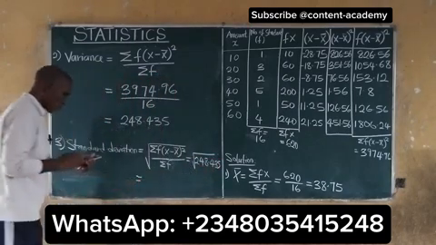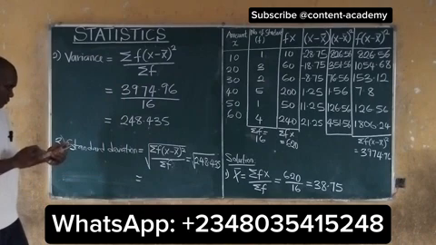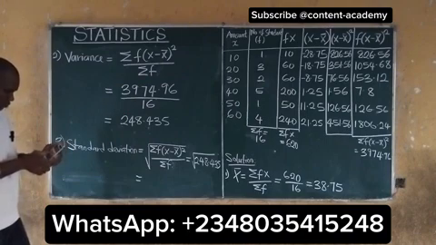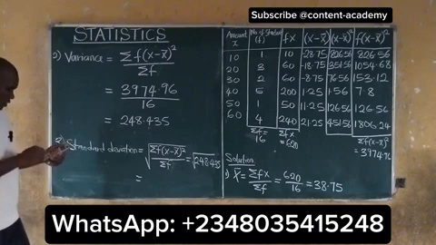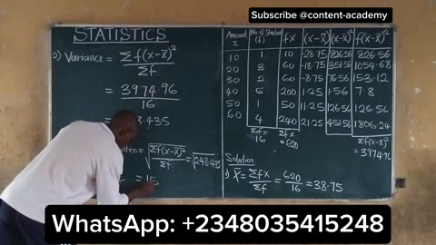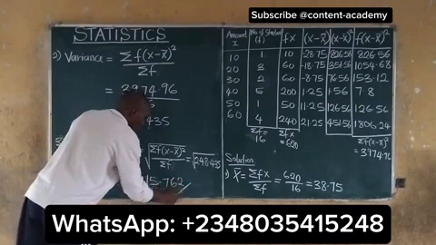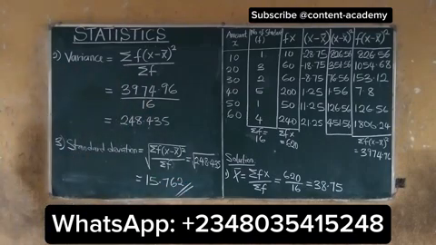So square root of 248.435 is 15.762. So that becomes our value for the standard deviation.